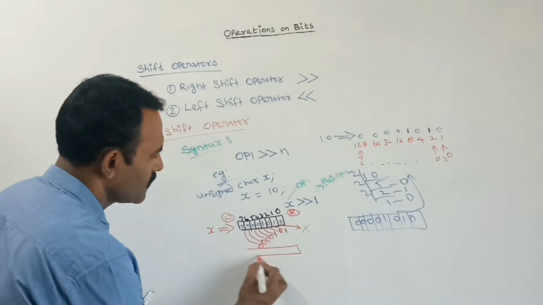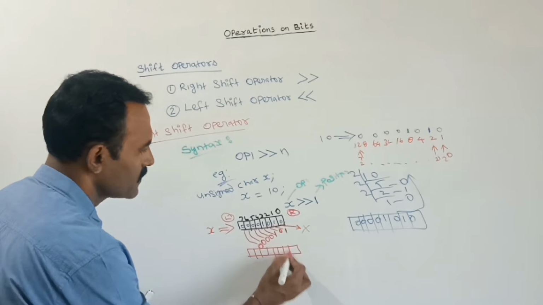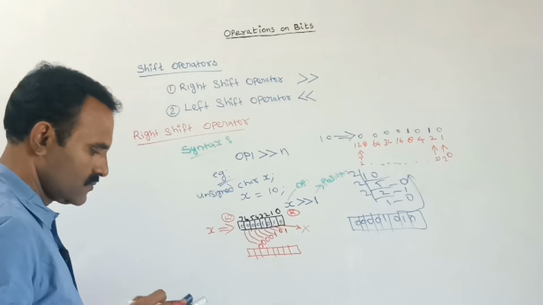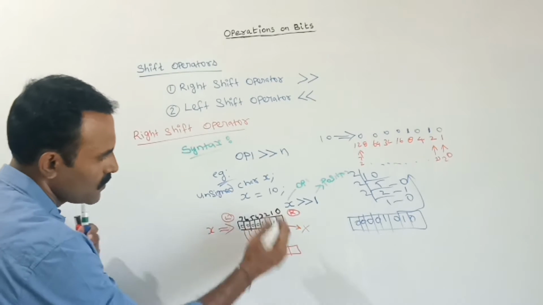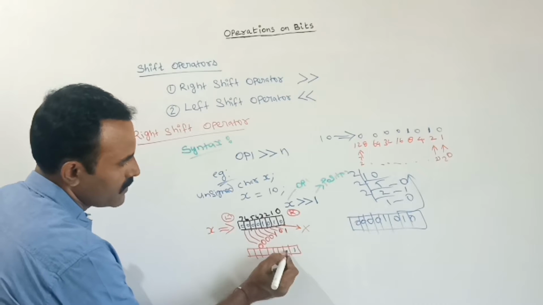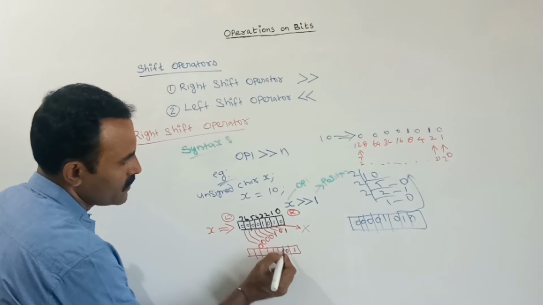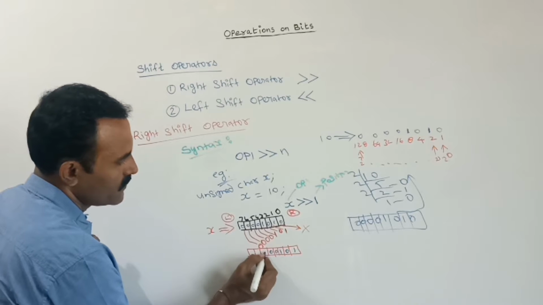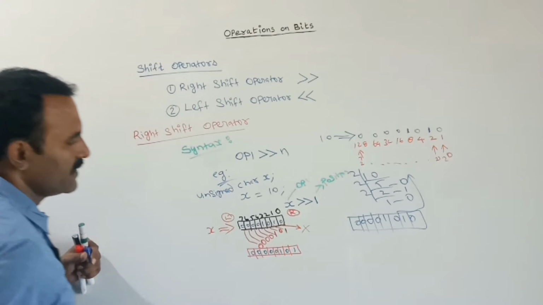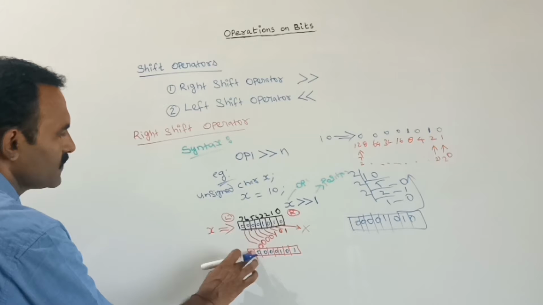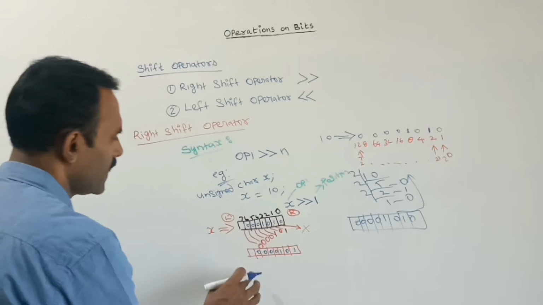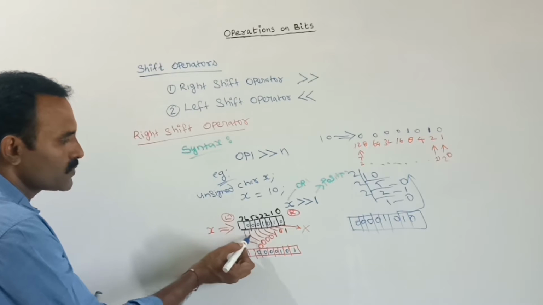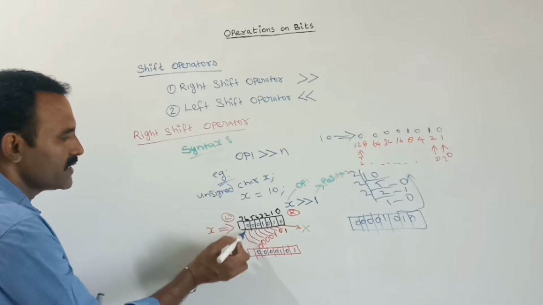So the 0th position value is 1, the first position value is 0, the second position value is 1, the third position 0, and every remaining bit value is 0. Now the 7th position value is blank, because the 7th position value moved to the 6th position. So this one is blank.